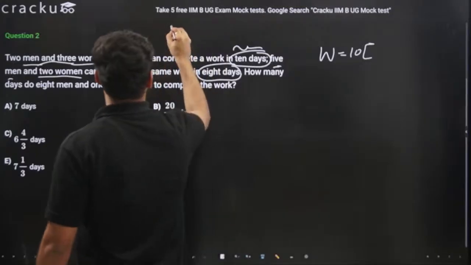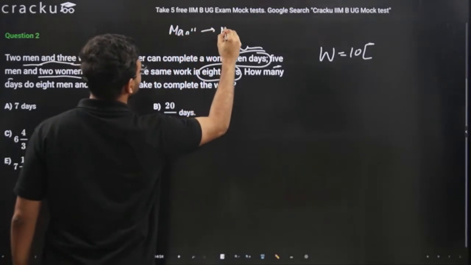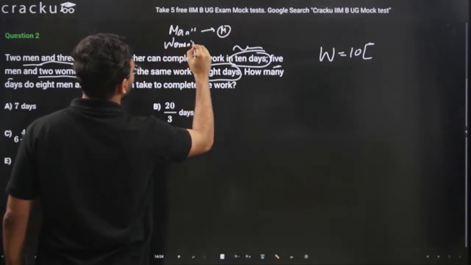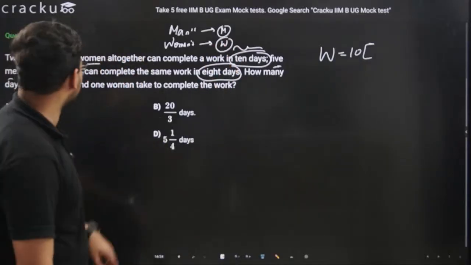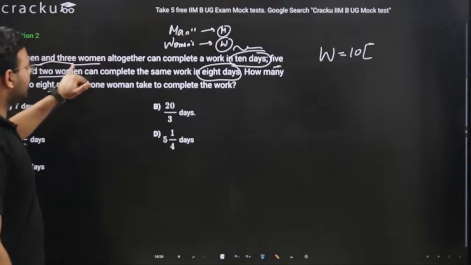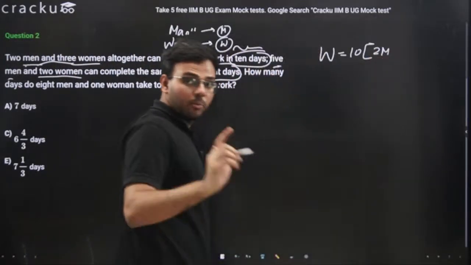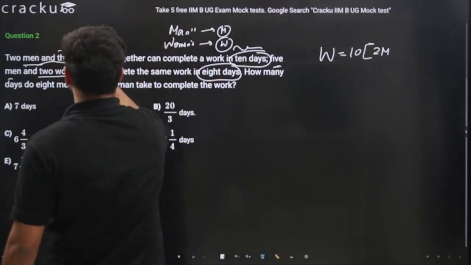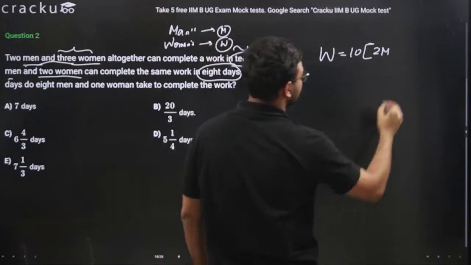Again, I'll assume each man's efficiency as M and each woman's efficiency as W. There are 2 men, so their combined efficiency will be 2M, and there are 3 women, so their combined efficiency will be 3W.